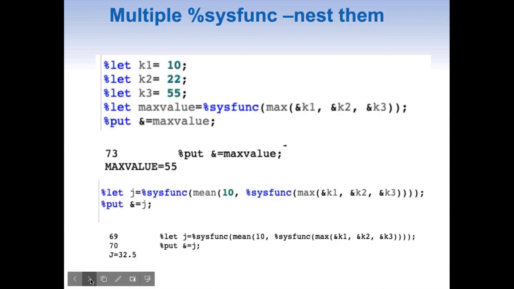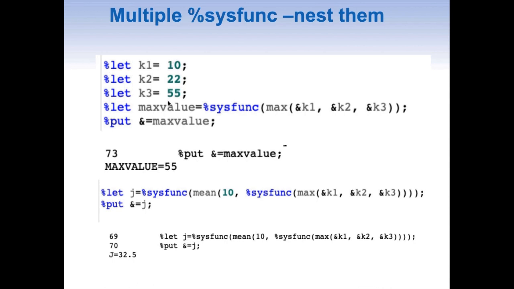Now let us go further ahead and try to understand how to nest these functions. We do these kinds of things in datastep quite often, wherein we have to use more than one function in a particular scenario. In here, I want to do two things.